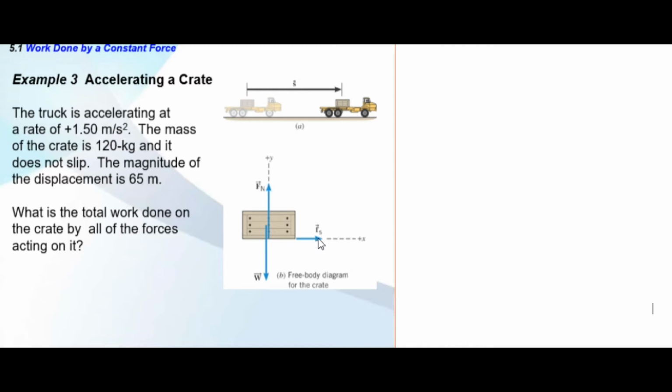The frictional force, Fs, is the force that prevents the crate from sliding on the truck. Because of this force, the crate does not slip. So these are the three forces acting on the crate, on the accelerating truck.